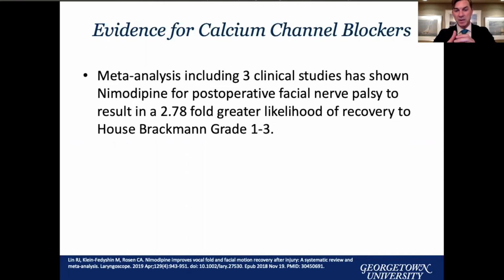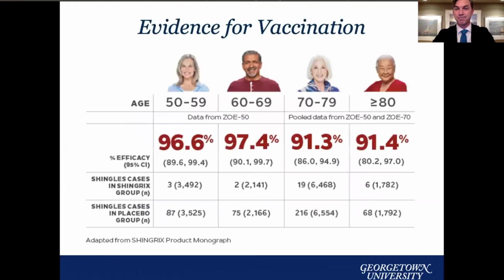In this meta-analysis from 2019 from Laryngoscope, there was evidence from 3 different studies that had all studied facial neuropathy following post-surgical intervention that showed a 2.78-fold increased likelihood of recovery to at least a House-Brackmann grade 3 when using nimodipine TID in the immediate postoperative period. Most of those studies extended that treatment for about 3 months.